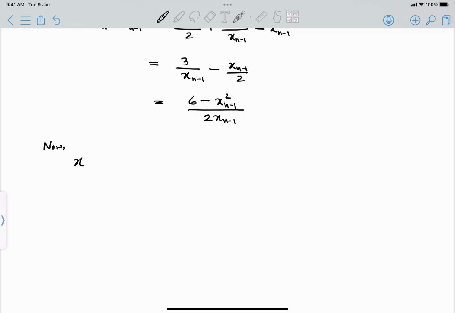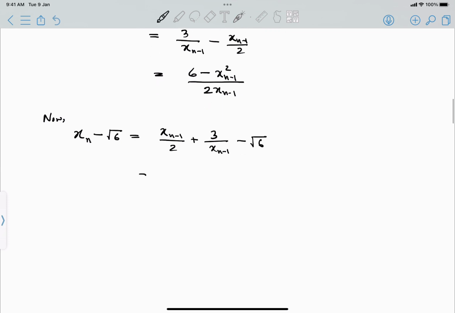Now x_n minus root 6, what is this? By definition, x_n minus square root 6 is x_{n-1}/2 plus 3/x_{n-1} minus square root 6. If you simplify, in the numerator you get x_{n-1} squared plus 6 minus 2 root 6 x_{n-1}, over 2 x_{n-1}.